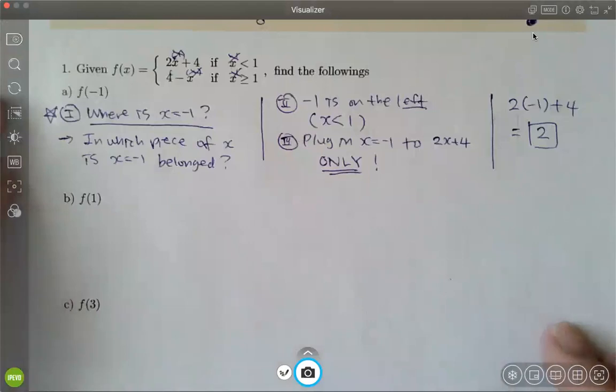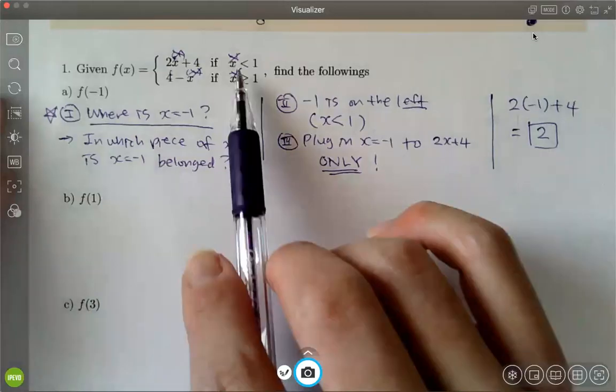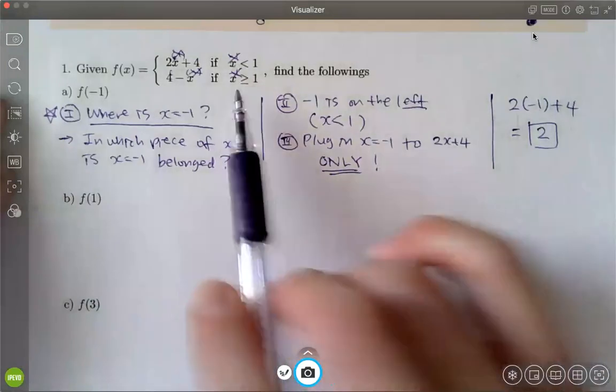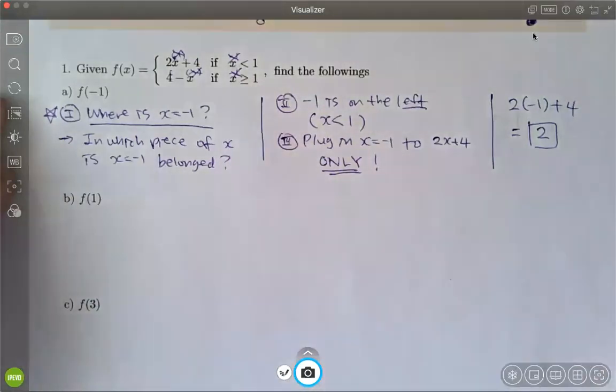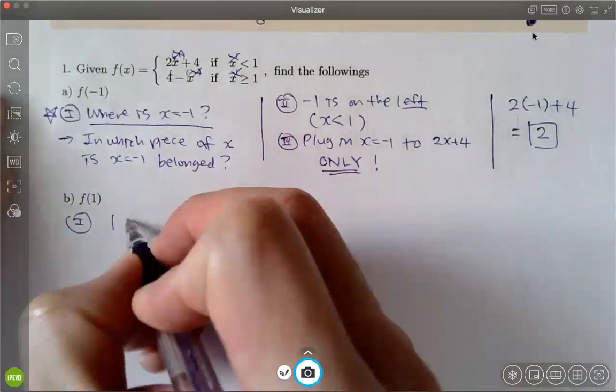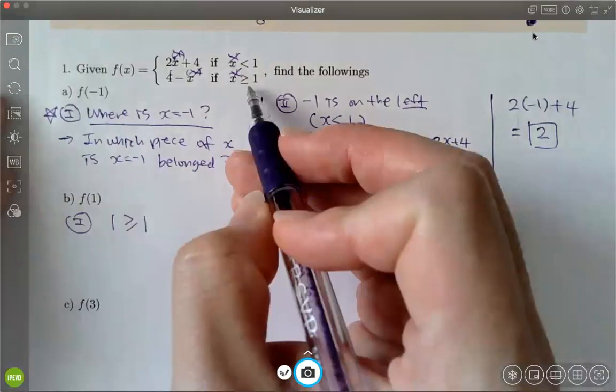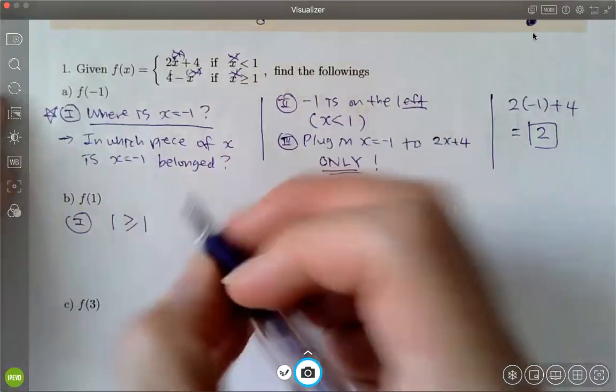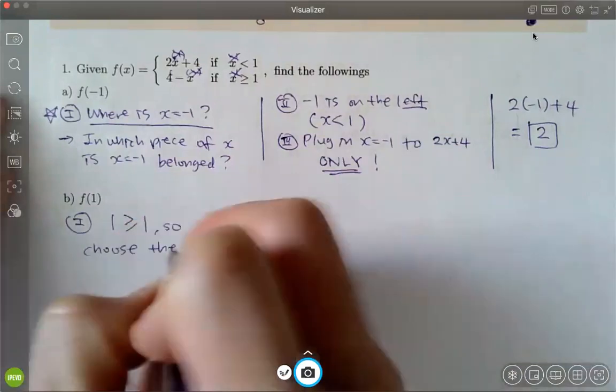And now, f of 1. Okay, so same thing. Where is x equals 1? In other words, is it in the top piece or in the bottom piece? The bottom piece, right? Do you see that? Okay, so 1 is greater than or equal to 1, so we choose the second piece.